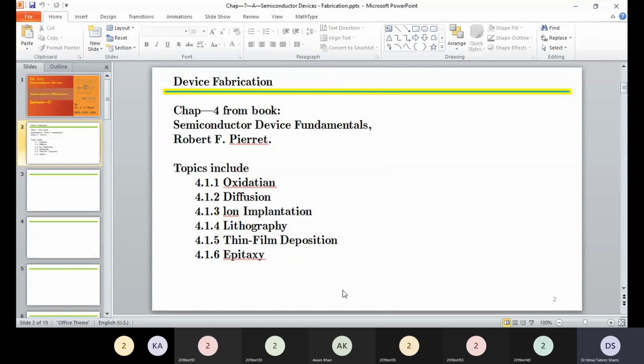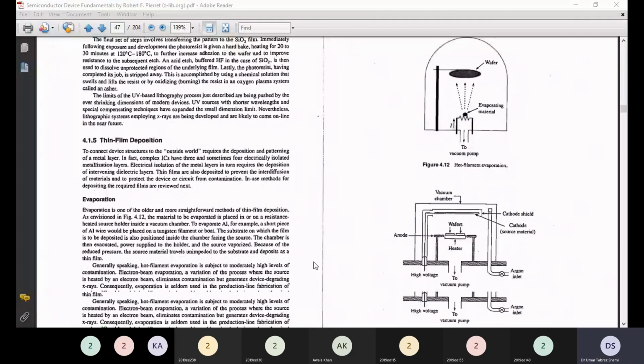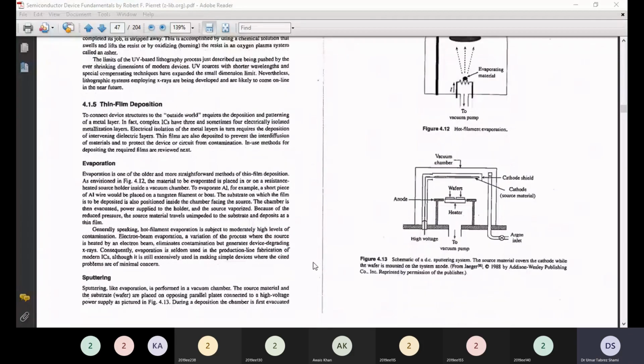So I will now switch to the PDF file. So this is the article, thin film deposition, article number 4.1.5. Thin film deposition means the connection of terminals to the wafer. To connect device structure to the outside requires the deposition and patterning of metal layers.